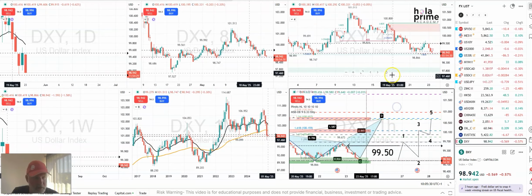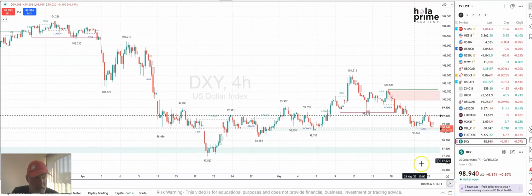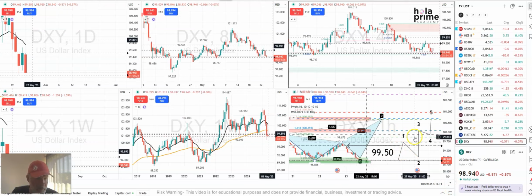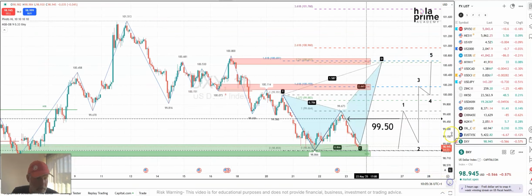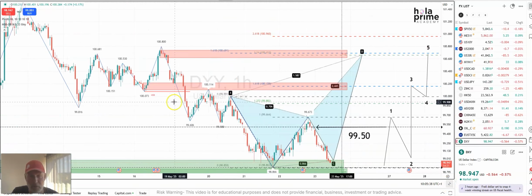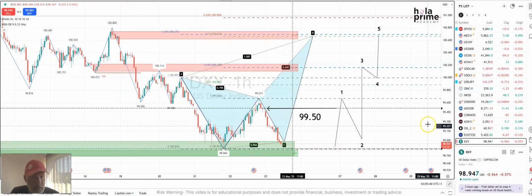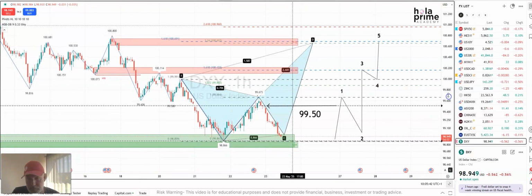So let's get to this chart. This is the intraday chart, the 1 hour chart. I'm actually going to dive down into 15-minute charts when we get to shorter time frames. So there's potential here, and you see this slight dotted line on the chart.